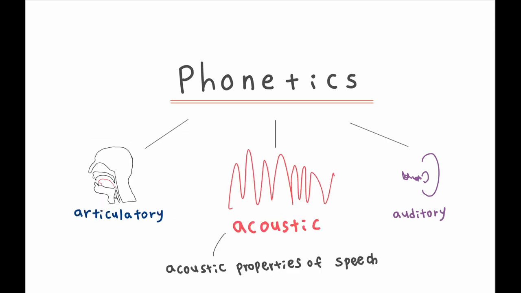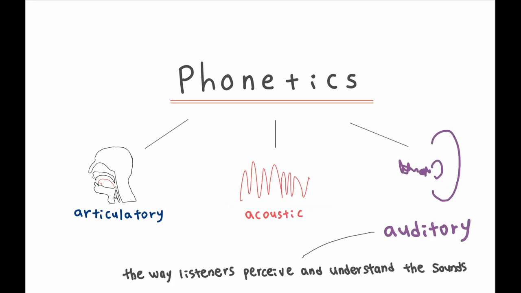Second, acoustic phonetics deals with acoustic properties of speech sounds, like how the sounds are transmitted. Last, auditory phonetics studies the way listeners perceive and understand linguistic signals. So focusing on listeners, it deals with how they perceive the sounds.